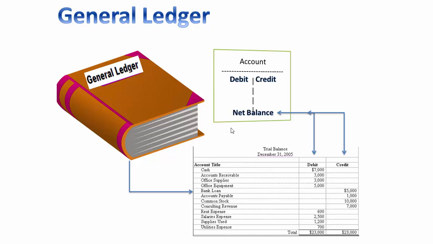But up to here, you should clearly understand what is an account and what is the general ledger, how they are recorded, and what is a trial balance, and how the values recorded on the debit side and credit side of a trial balance come from the general ledger accounts. Okay, so hopefully I made it very clear and in a simplified manner about the account and general ledger.